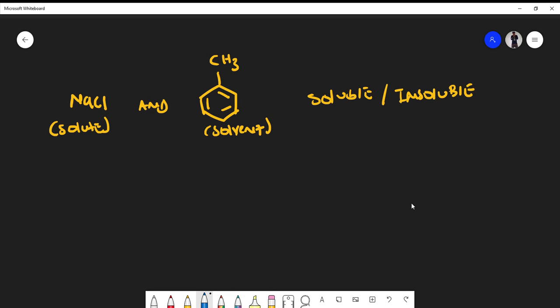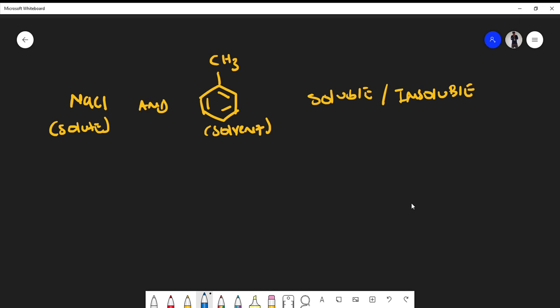in organic chemistry, remember that our electronegative atoms tend to be involved in stuff that is polar. So if something is polar, that means it's usually going to be soluble in something that is polar itself.